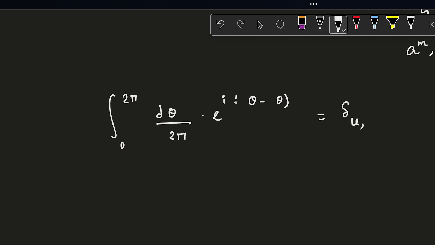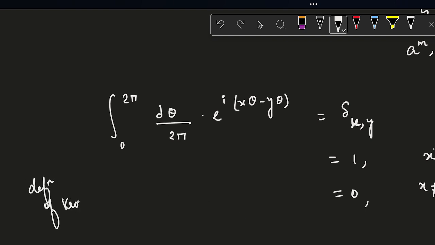Let's say use x and y instead. So this will be like Kronecker delta of x comma y, so that this value is 1 when x equals y, and it is 0 for all x not equal to y. Okay, so this is our definition of Kronecker delta, right?